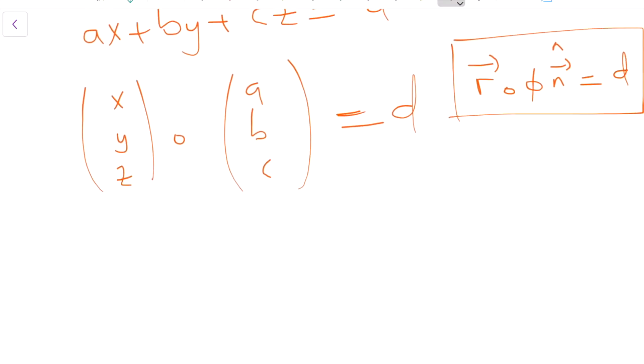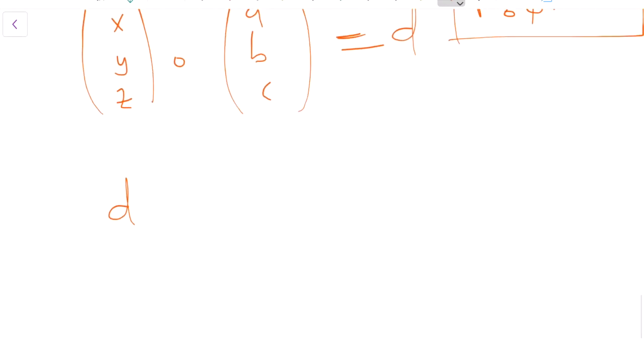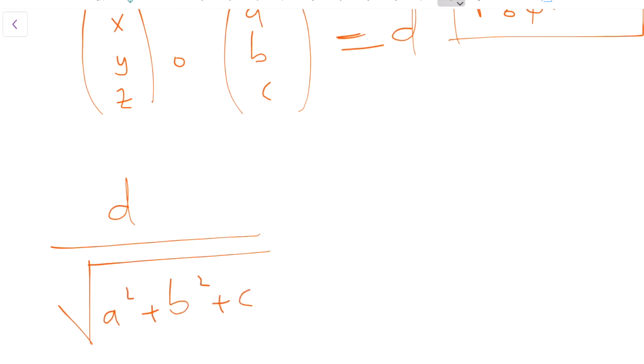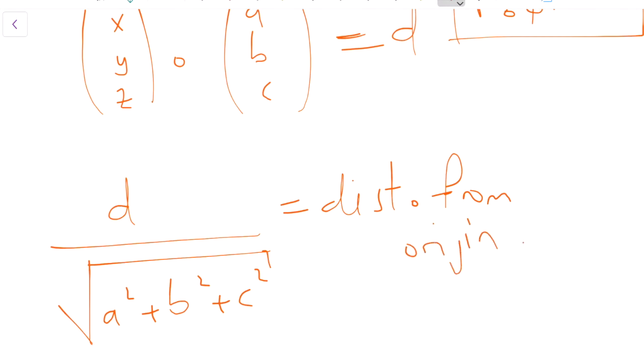Well, the distance is then simply d divided by the root of a squared plus b squared plus c squared. And that's really easy to see, right? This is the distance from the origin. And why do I say this?